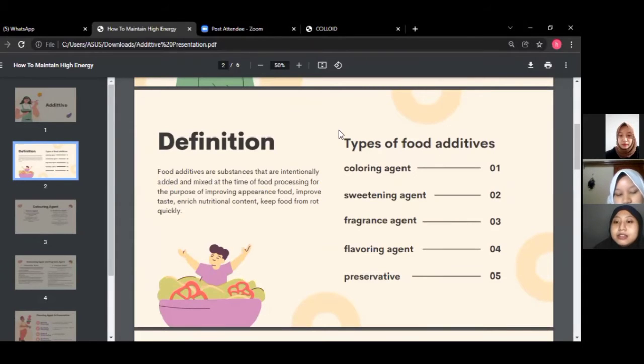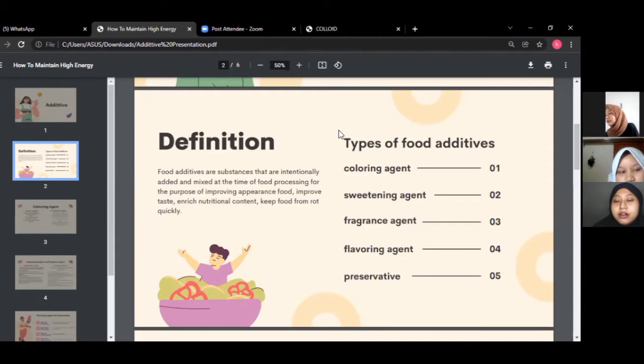And here are the types of food additives. First is coloring agent, and the second is sweetening agent. The third is fragrance agent. The fourth is flavoring agent, and the last is preservative.